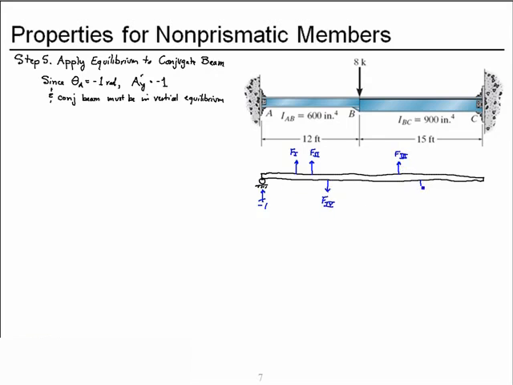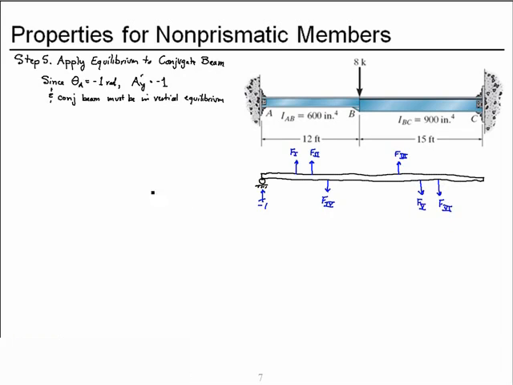Halfway across from B to C was force 5. And 2/3 the way across from B to C acting down was force 6.